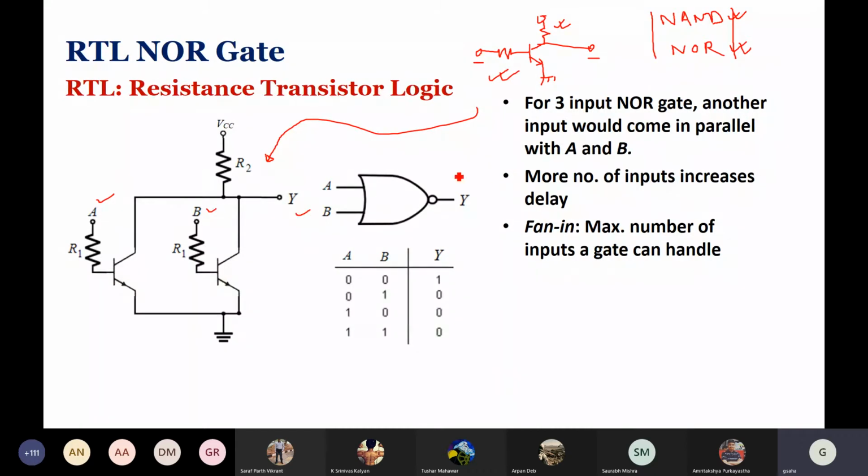Can you examine it yourself? Then I shall have the pleasure of asking any one of you randomly to answer why it is a NOR gate. So what does your analysis say?